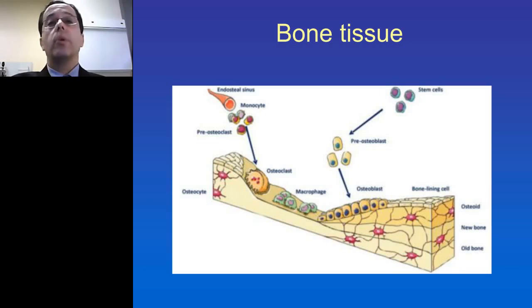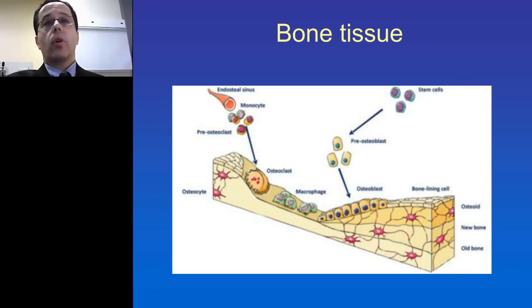And after the bone is resorbed, then osteoblasts that come from a different stem cell population become active in laying down bone matrix that becomes calcified, and osteoblasts then become osteocytes that are trapped inside the bone matrix and are important in maintaining the bone. And this cycle, bone remodeling, also known as bone turnover, is essential for many processes, including bone repair, among others.